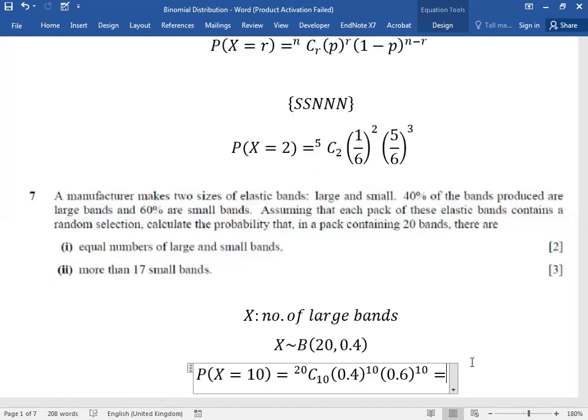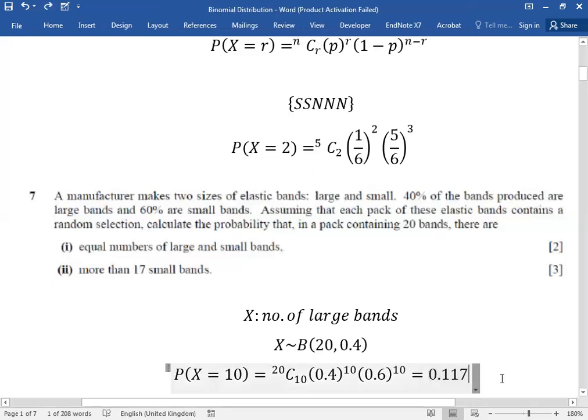What is the value for this one? 0.117. Look at what is after the 7, you are not making a rounding off error. 0.117. To 3 significant figures this answer can be written as 0.117.